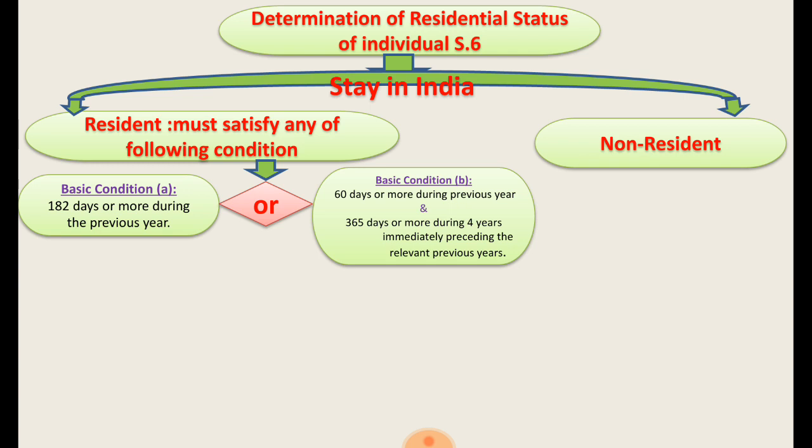And the second condition is that if that person is in India for 60 or more days during that previous year, the previous year in question, or the previous year for which we are going to decide the tax liability of that person, and apart from that year, if that person is in India for 365 days or more during 4 years immediately preceding the relevant previous year, then also that person is considered as a resident.